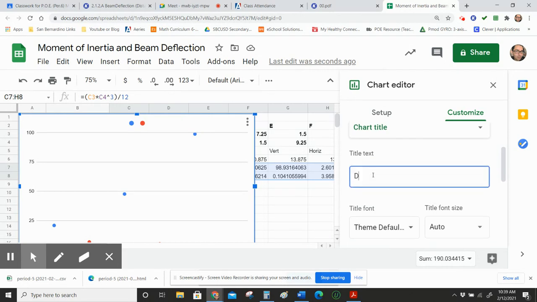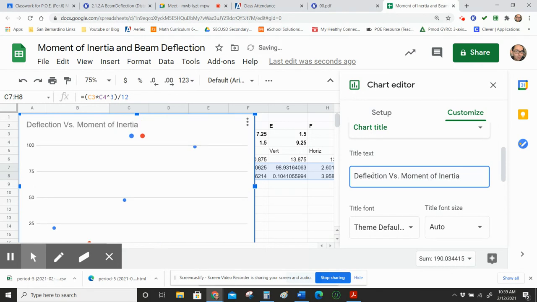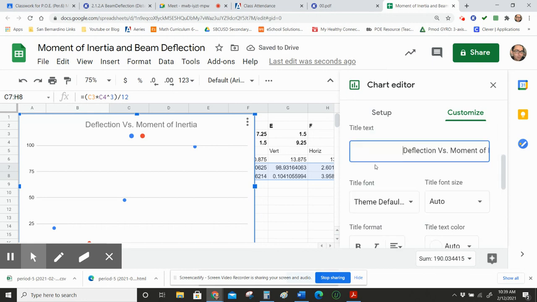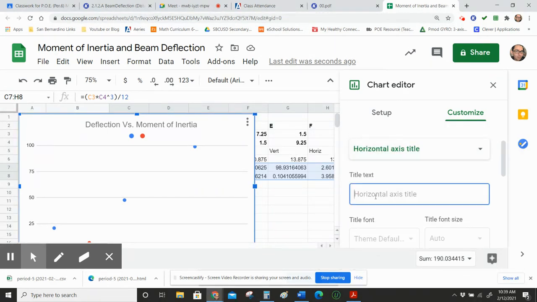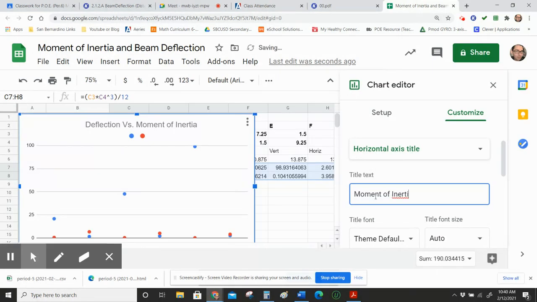So deflection versus moment of inertia, that would be the title of our graph. And if you guys want to scoot this over, you can put a couple of spaces on it. I think you should be able to do that on the title as well. If you change the horizontal axis title, that'll be moment of inertia, which we call capital I.